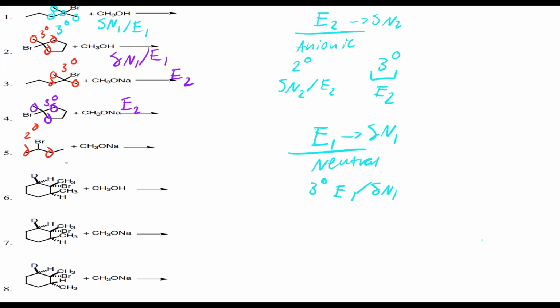Now, this is the mess, and it kind of brings into light the cis and trans aspect for cyclical compounds. And notice that we are neutral, and since we're neutral, we cannot do SN2 or E2. We can do SN1 or E1. So to see what we're doing, we have to find out how many carbons we're attached to.